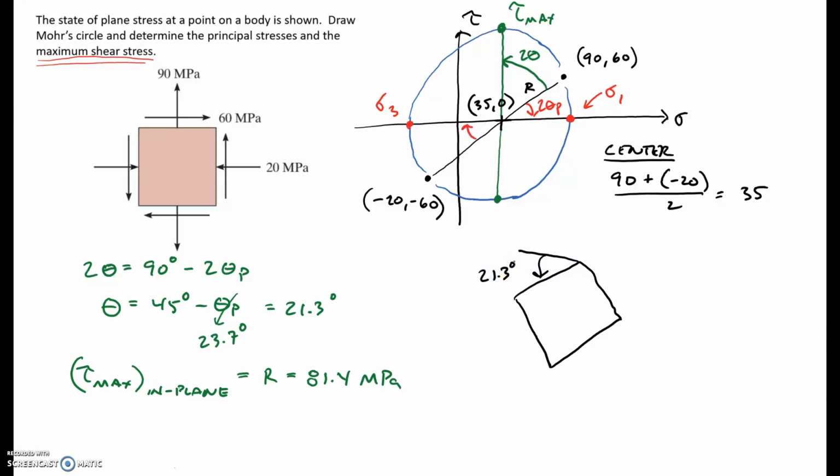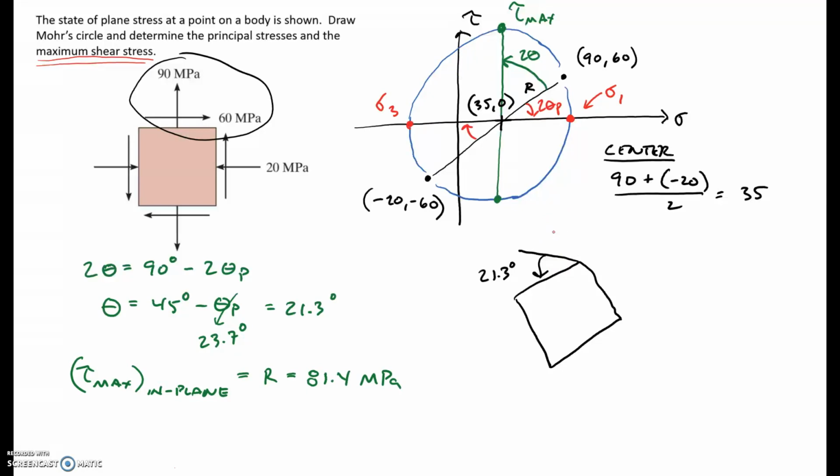So the top of the box, which was the coordinate of positive 90, positive 60, rotates counterclockwise, ends up being this face right here. And on that face, if we follow on Mohr's circle, that 90, 60 rotates clockwise and ends up at the top of the box, which is a positive value. So that'd be a positive 81.4.